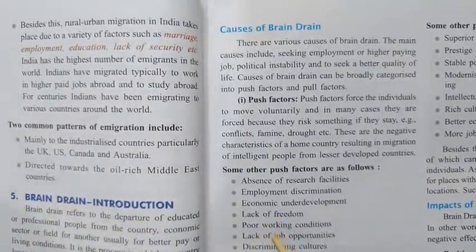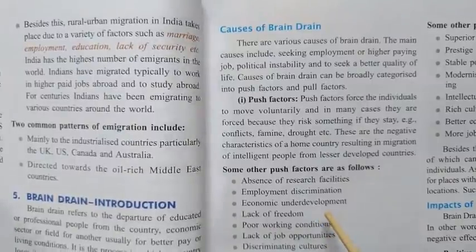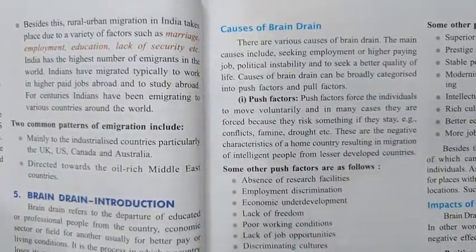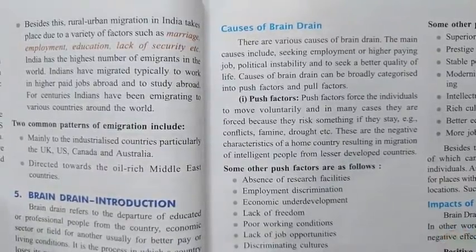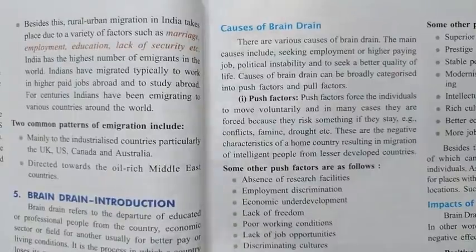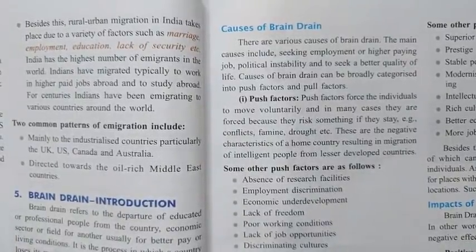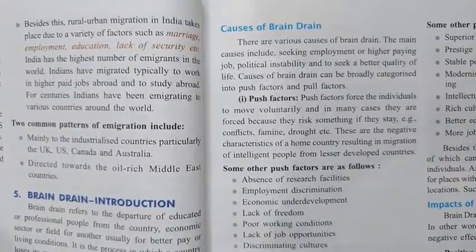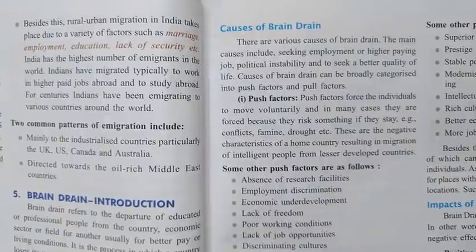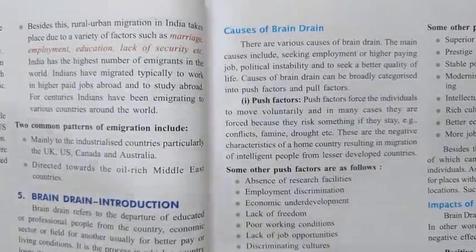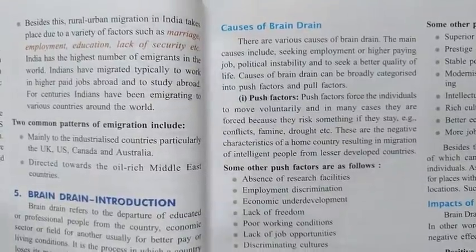Because of some factors, these people are pushed, means they are forced to migrate to other countries, destination countries. That is called the push factor. Pull factor means when these young people get attracted for some reason to other countries and they migrate because of that. So we are going to see the push factor.